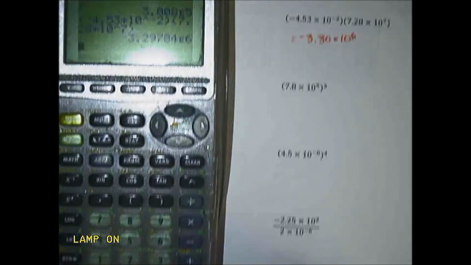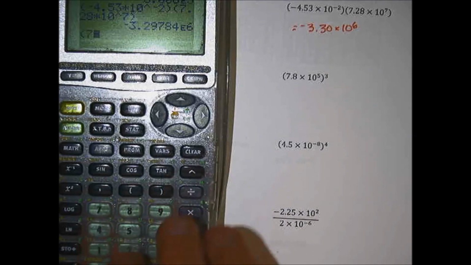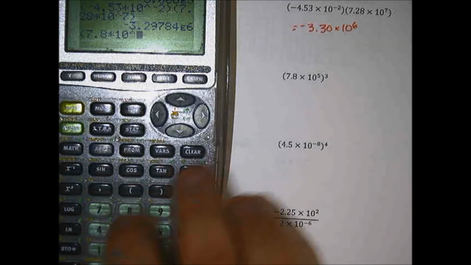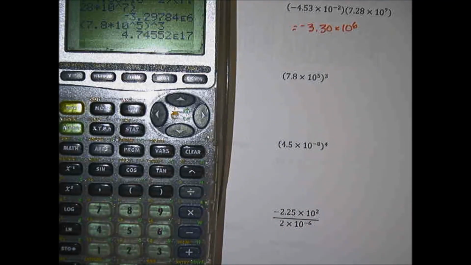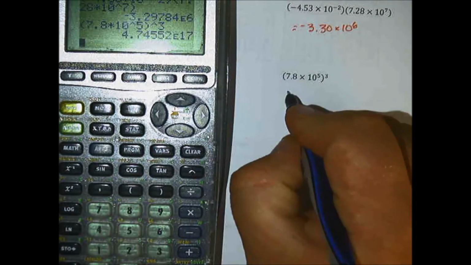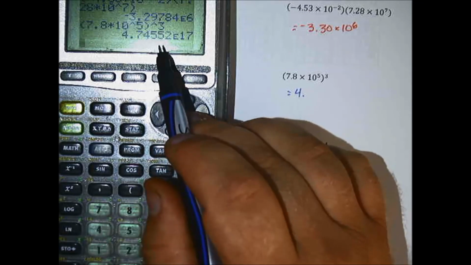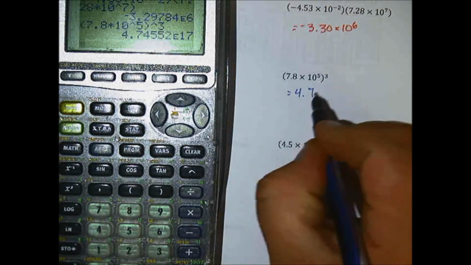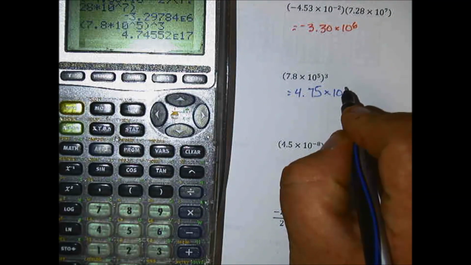All right, so here we have 7.8 times 10 to the 5th raised to the 3rd power. And so we get 4.75 times 10 to the 17th power.